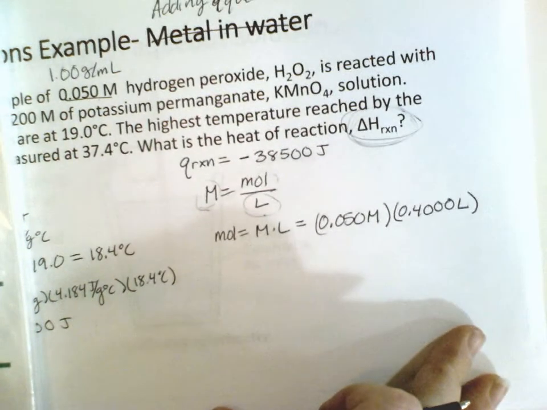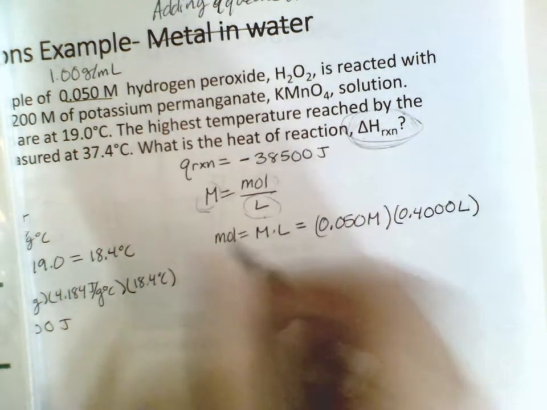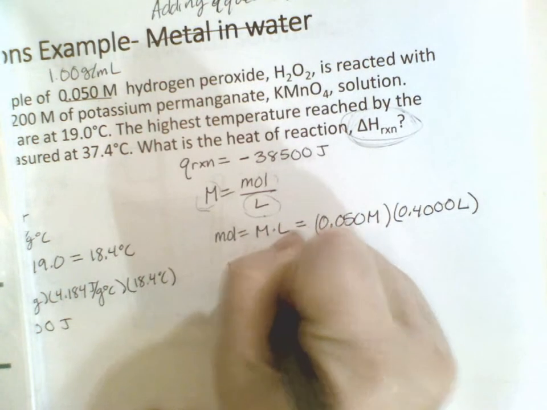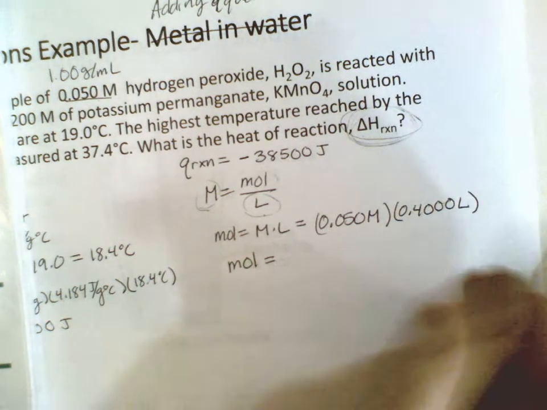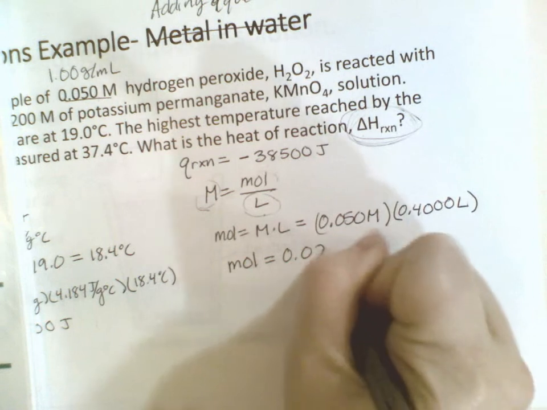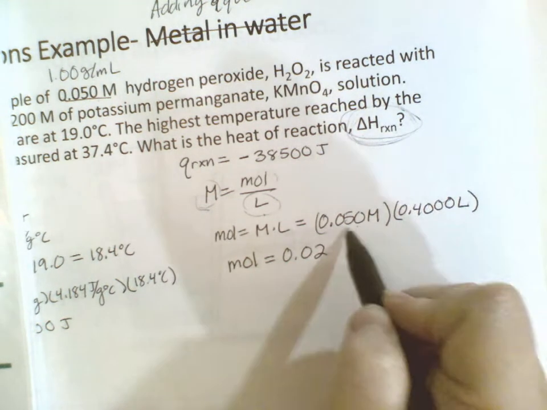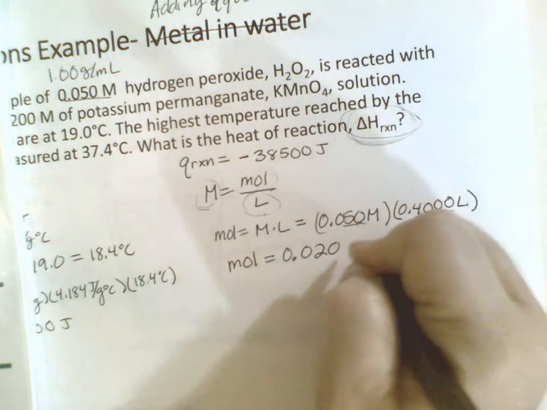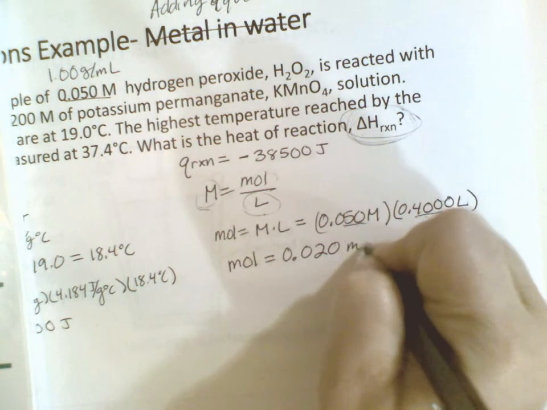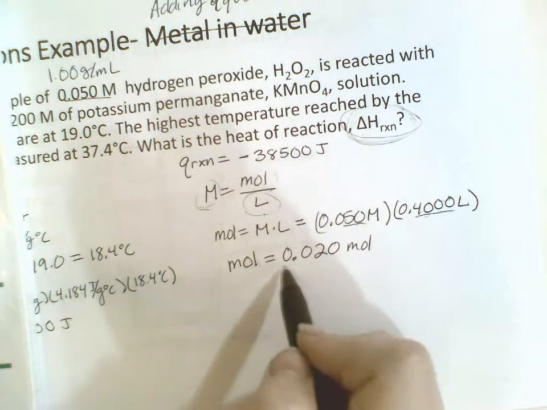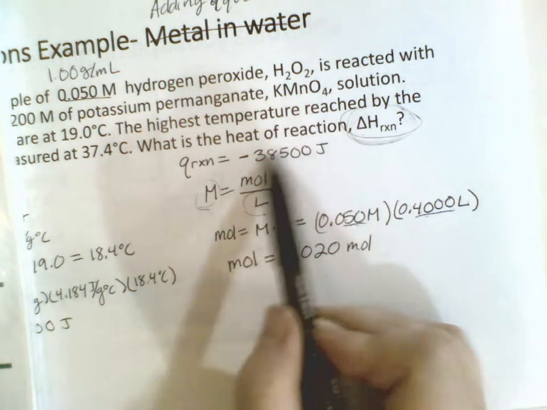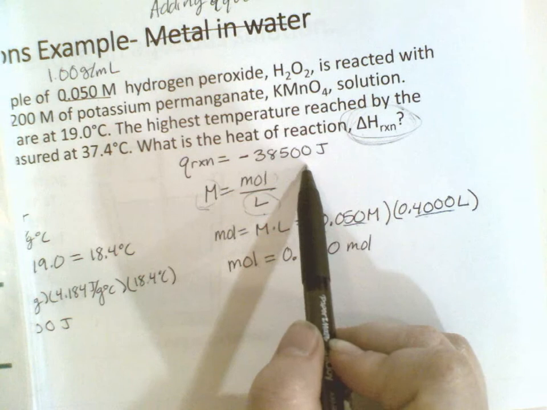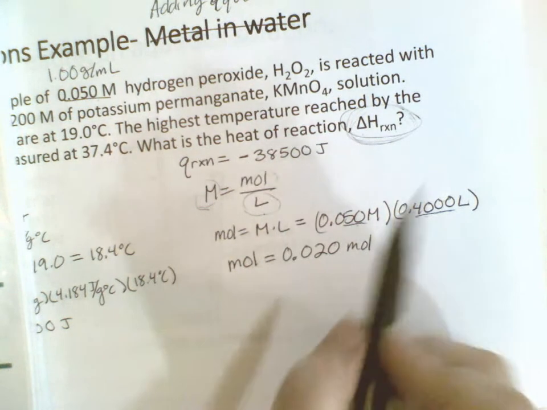There we go, camera adjustment. All right, so our moles of our permanganate is 0.020, and we have two significant figures, so we need that extra 0. Moles of our chemical.